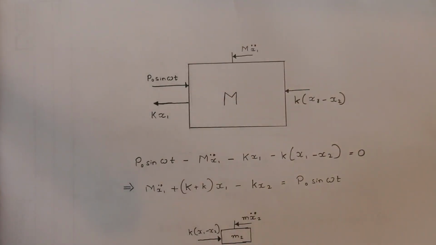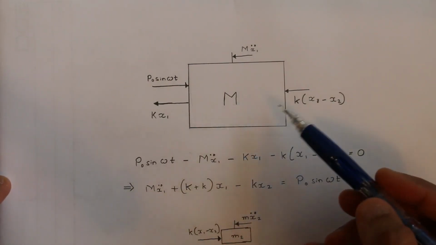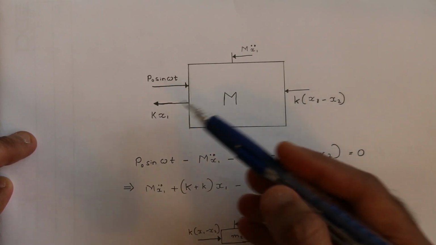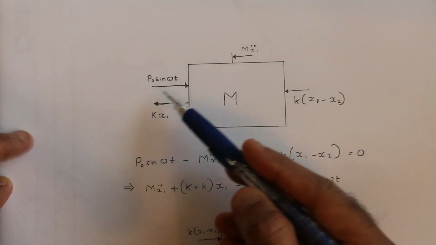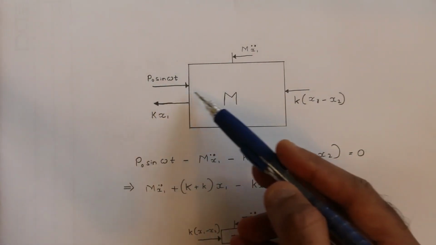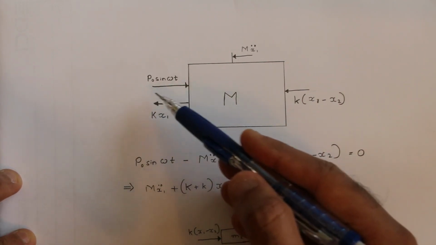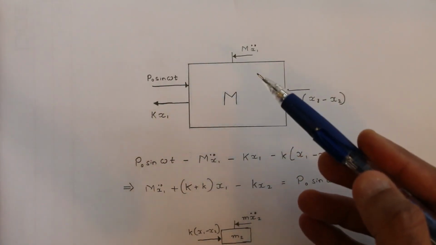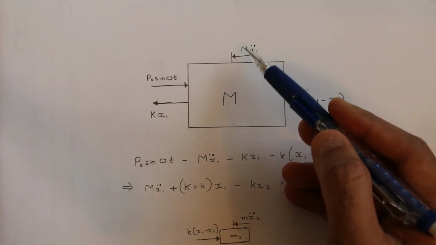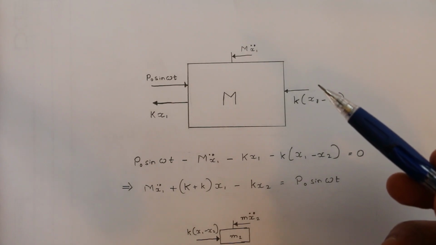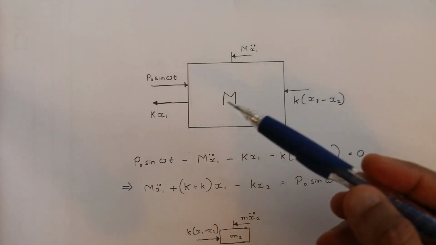If I draw a free body diagram of the main mass M after attaching it to the secondary mass small m, we know that there is a harmonic excitation P0 sin omega t. Let's consider it as in the positive direction. If we try to push any object, there is an inertial force that acts in the opposite direction. That's called M x1 double dot, the mass of the system times the acceleration.